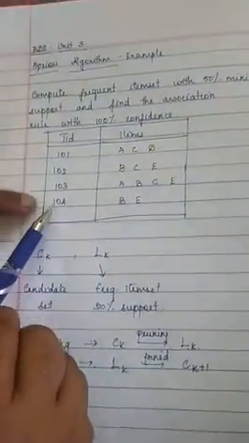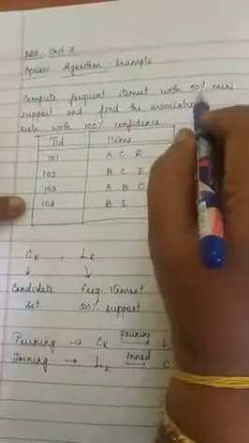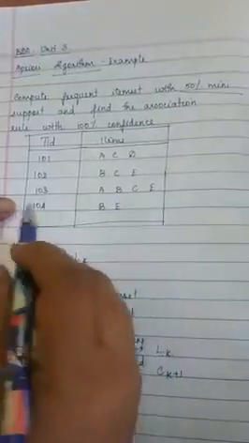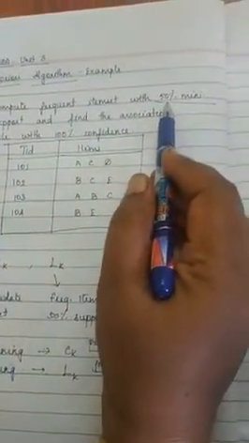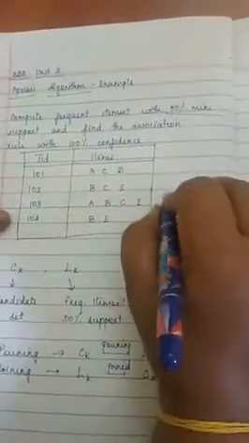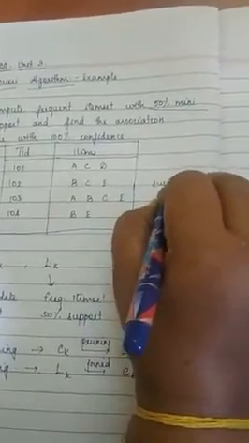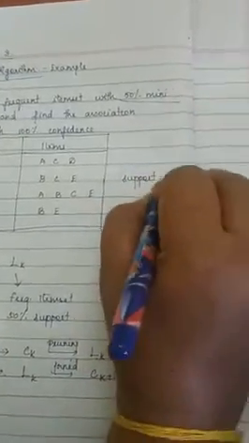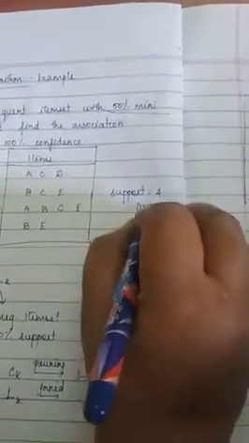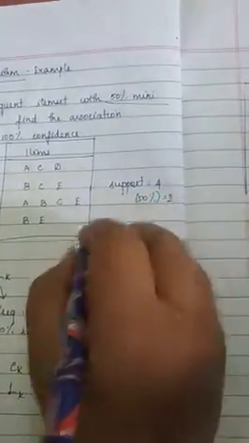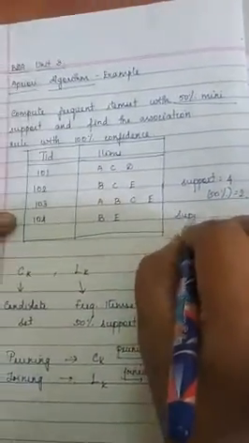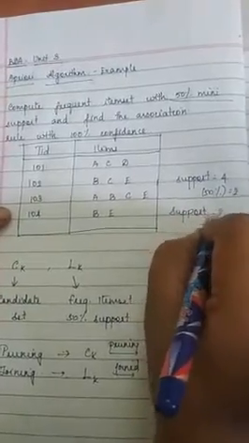We have 4 transactions and we need 50% minimum support, so we take 50% of 4, which is 2. So our minimum support is 2.